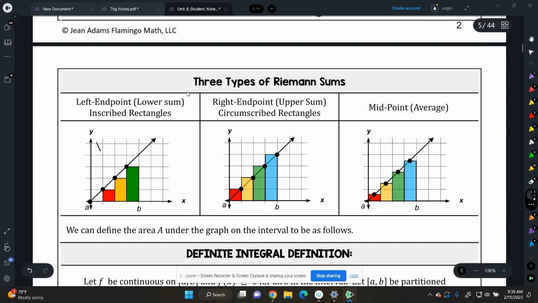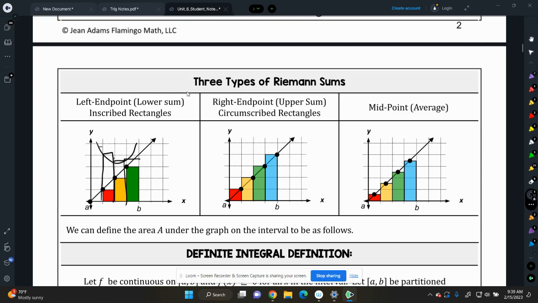If it's concave up, then the left approximation will actually be an over approximation. This is a right endpoint approximation, and we're talking about the upper corner of the rectangle. And then this is a mid rectangular approximation.